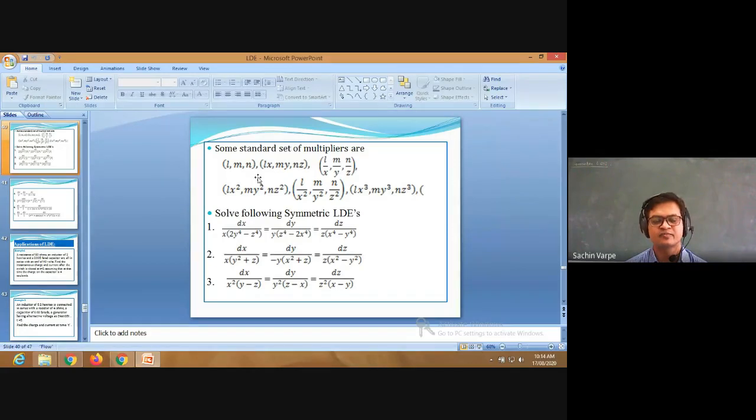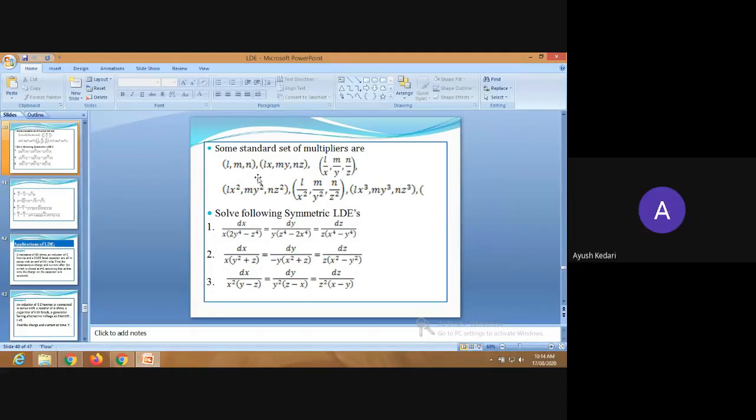And now think over the multipliers. First of all, what should be the first set of multipliers? What do you think? 1, 1, 1. Okay, is it applicable? If I multiply the denominator by 1, then I'll get 2xy raised to 4.